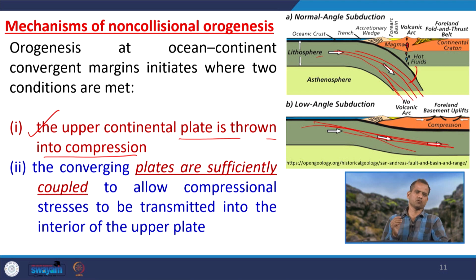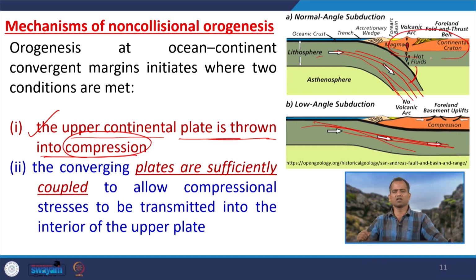The first and foremost condition says the upper continental crust is thrown into compression, that means there must be compression at the upper continental crust. But how will this compression be there in the upper continental crust? This happens when and where the dip angle is less. If the dip angle is less, there will be much interaction between these two plates.